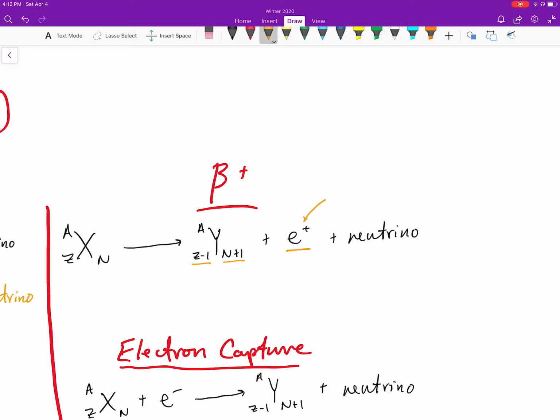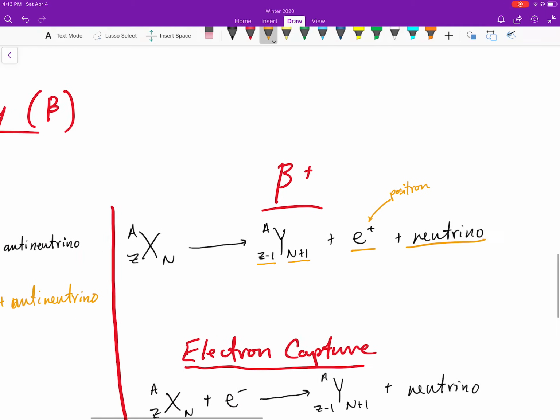So this here is what we call a positron, and it's the counterpart to an electron. And then we have a neutrino that's released. A neutrino, again, is just that almost massless particle that doesn't have a charge.